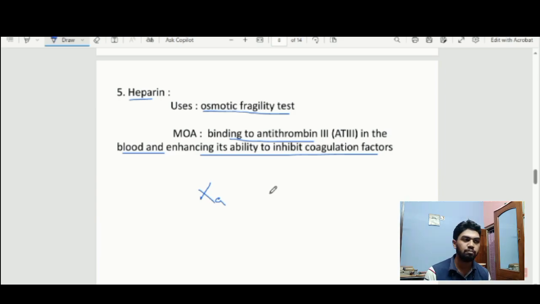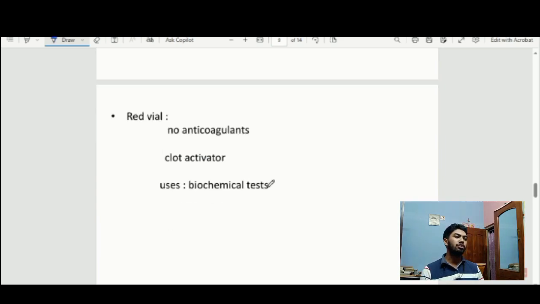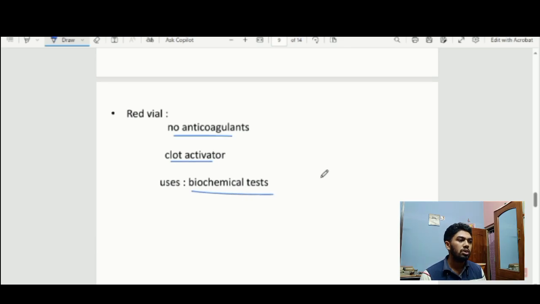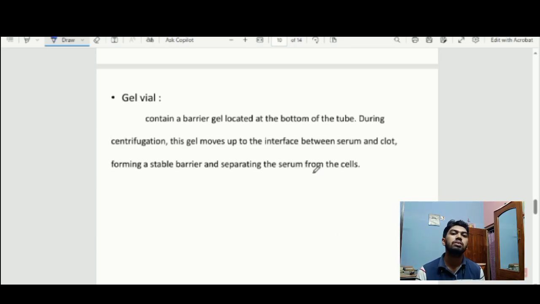Now if we come to the red vial, it contains no anticoagulants. It just has a little amount of clot activators. Most of the biochemical tests are done with the red vial. Now come to the gel vial, that yellow colored vial.